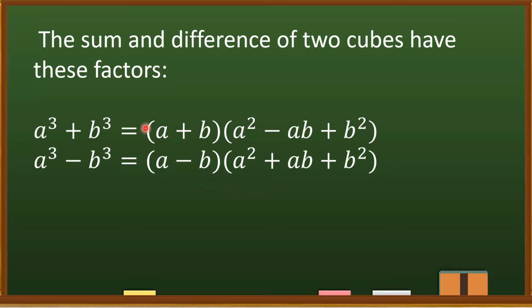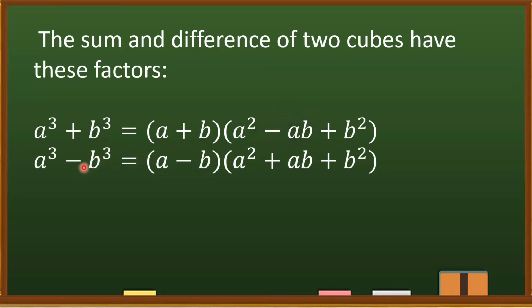Okay? Kung mapapansin nyo, kung ano yung given, yun yung magiging sign dun sa binomial factor natin. Positive, positive yung binomial. Negative, and then negative yung binomial. And then ang difference lang is sa trinomial factors. Kapag positive, negative yung sa trinomials, yung middle term.